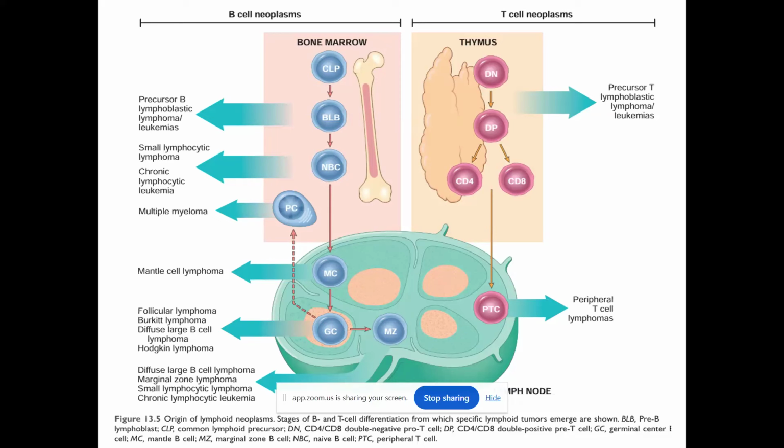So the immature B cells give rise to acute lymphoblastic leukemia or lymphoma. Either it can be a B cell or it can be a T cell.